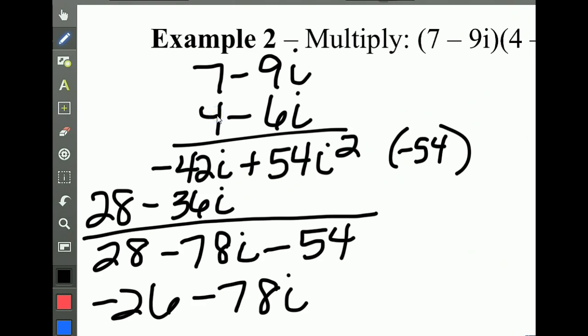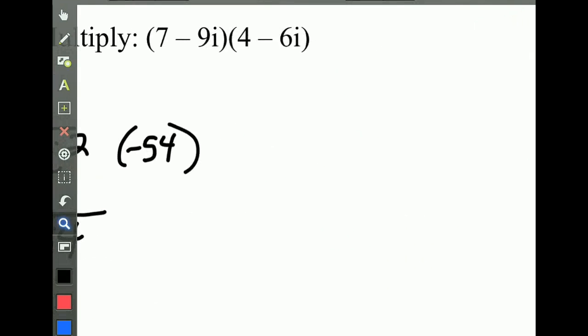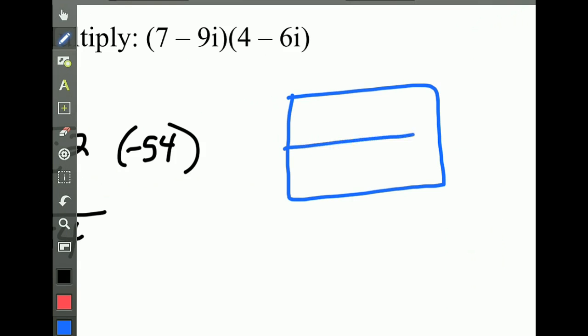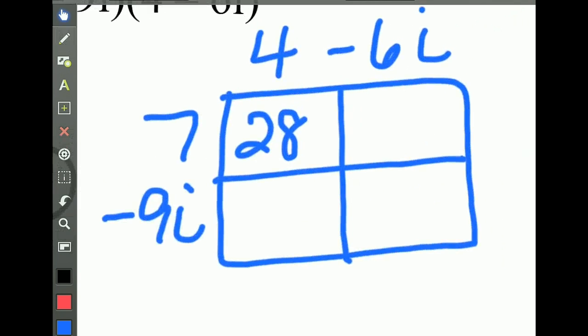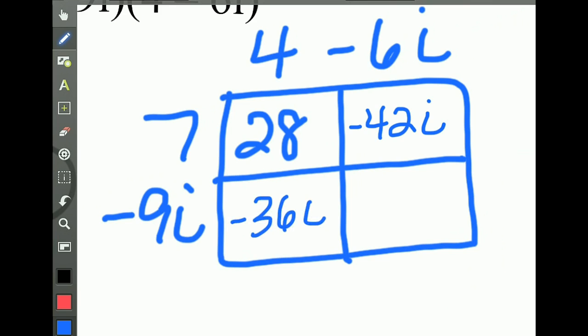Sorry guys, I had to pause for a moment. Okay, so now we're going to do that same problem again, but I'll do it box method for those of you who prefer box. Down one side 7 minus 9i, 4 minus 6i, so we get 28, -42i, -36i, and 54i squared, which is the equivalent of -54.